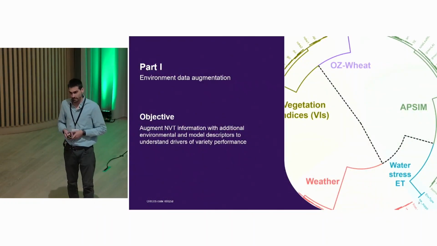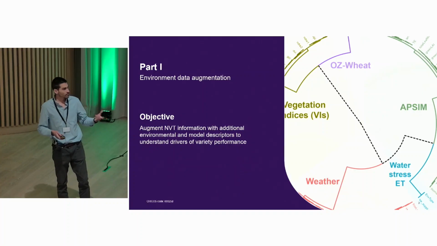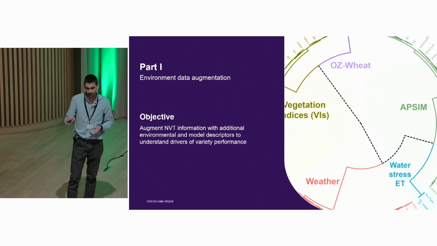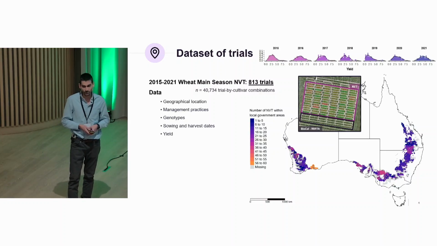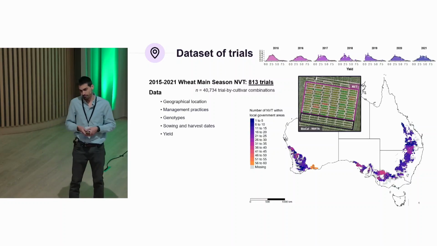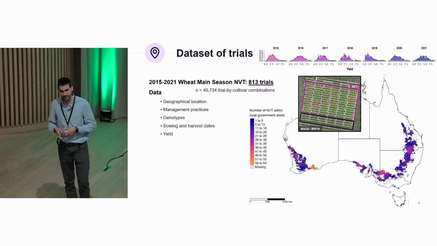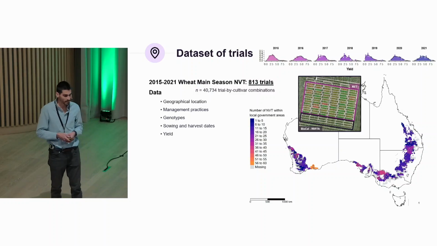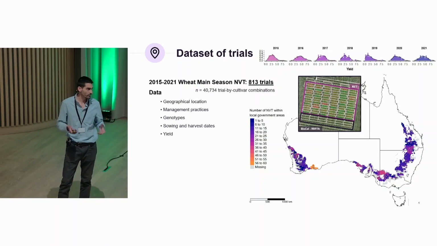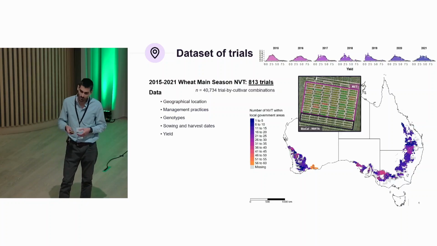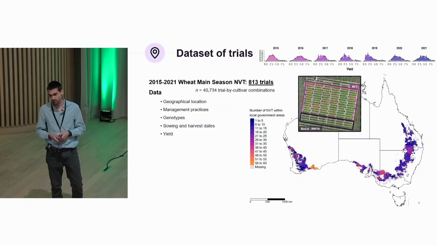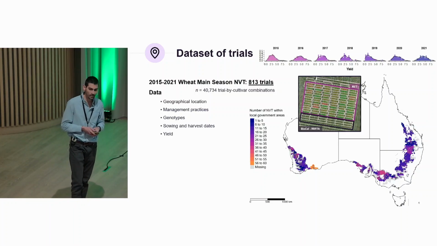So the first part of my talk is going to be about the data augmentation that we perform. We did quite a lot of work on trying to augment the data that is coming from MBT. To start with the initial data set that we have, this is basically 7 years for these wheat MBT seasons, 800 trials, over 4,000 trial by cultivar combinations.